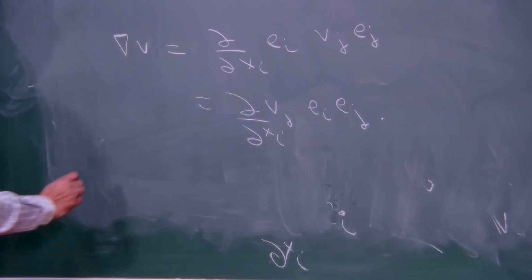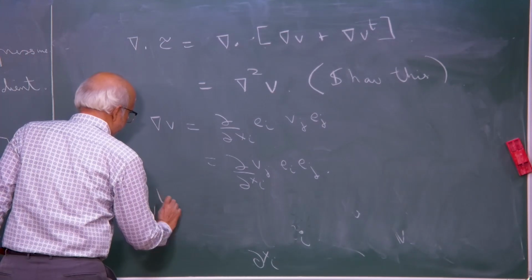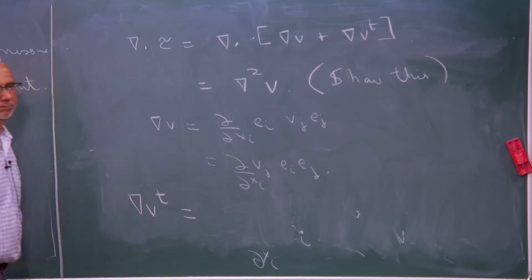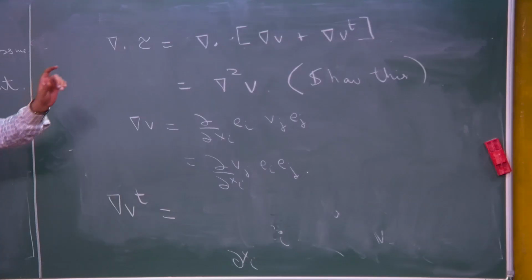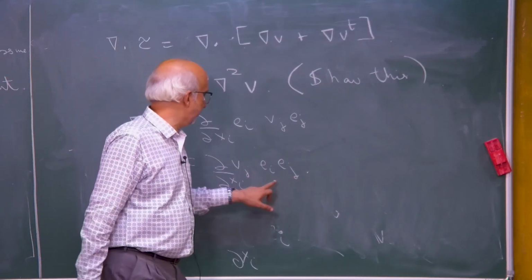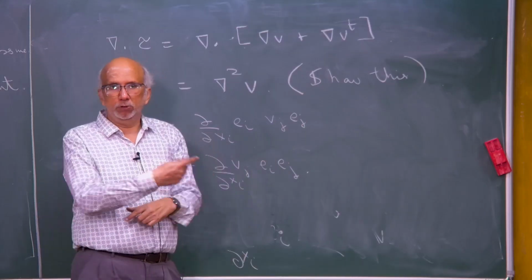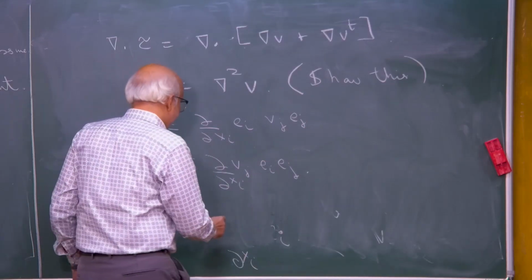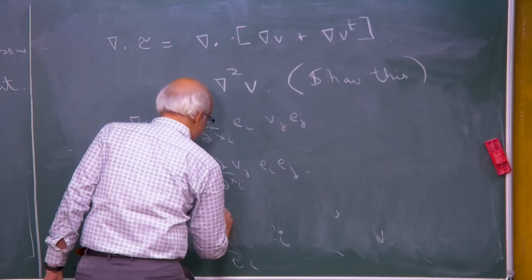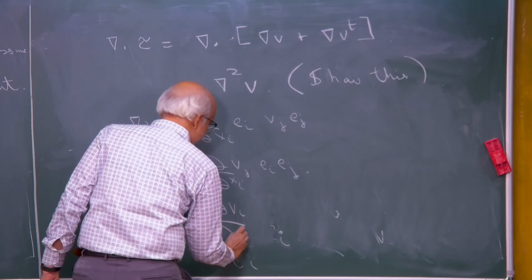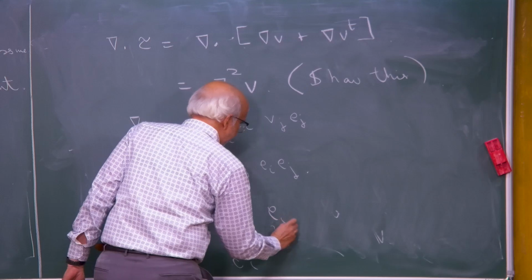What will be gradient of V transpose? The ij element, or the 1,2 element, will now be the 2,1 element. So, this will be dV_i by dx_j of e_i e_j.